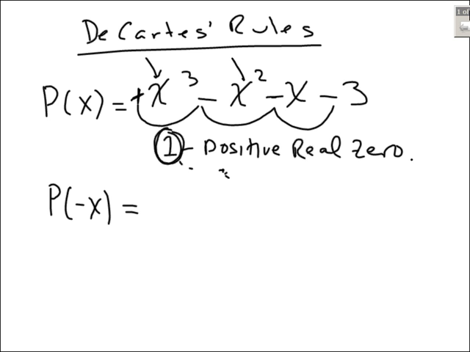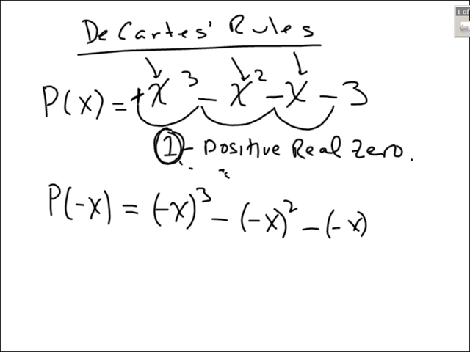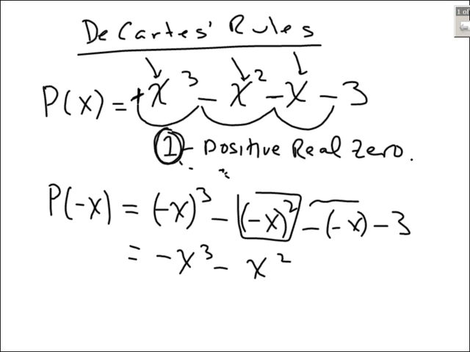Instead of x, we plug in negative x. We get negative x, and we cube it. We take away negative x and square it. We take away negative x, and then we take away 3. Well, this happens to be negative x cubed minus, well, negative x squared is x squared. The negative x is plus x minus 3.